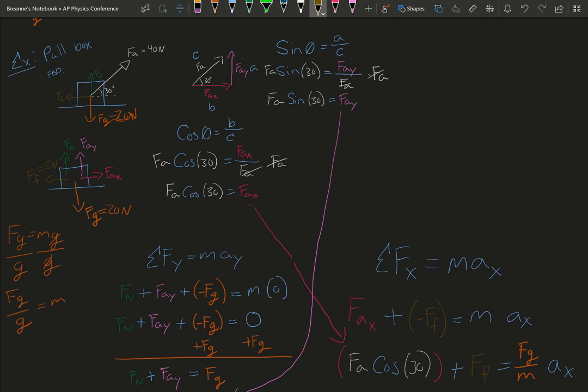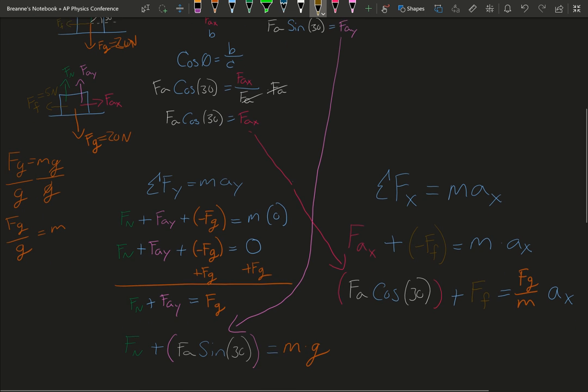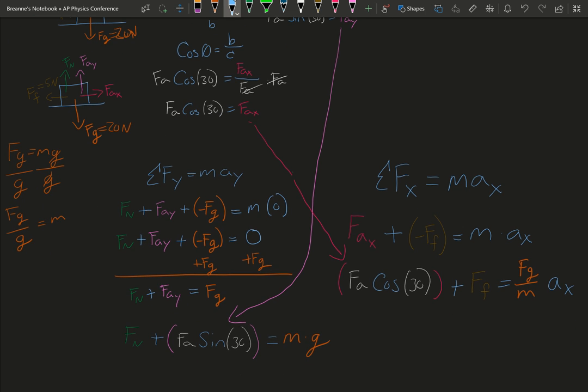Okay. So we need to solve for our acceleration in the x. So what we're looking for would be our acceleration in the x and our normal force. So that'd be what we're looking for.